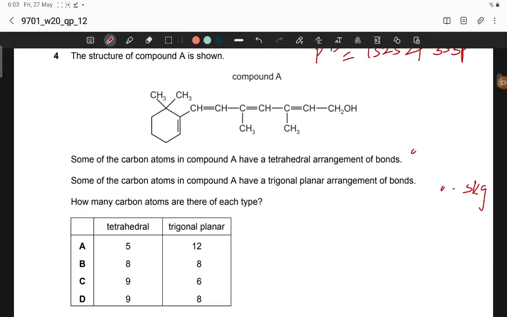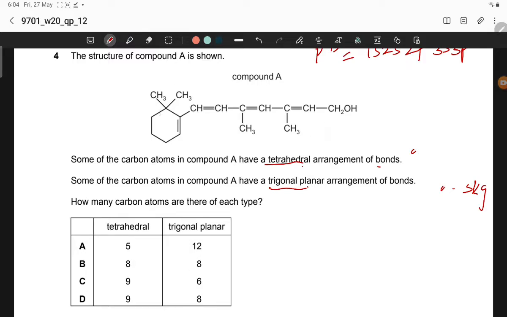Question number 4. The structure of compound A is shown. Some of the carbon atoms in compound A have a tetrahedral arrangement of bonds. Some of the carbon atoms in compound A have a trigonal planar arrangement of bonds. How many carbon atoms are there of each type? Tetrahedral and trigonal planar.